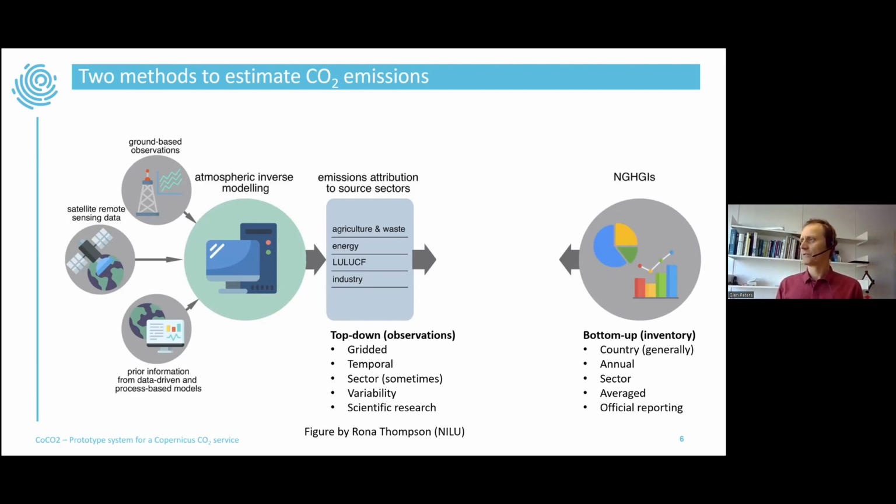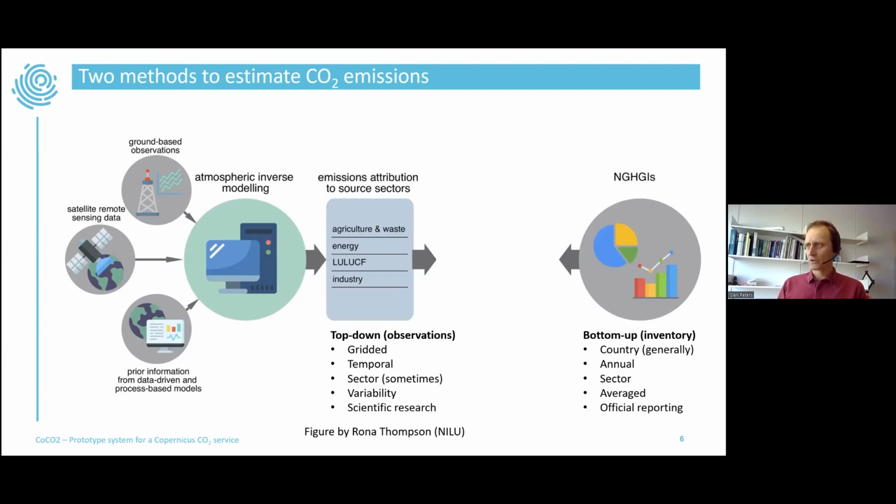Variability is averaged out over time periods. So if you think about the forest uptake, it's often using what's called a national forest inventory, which averages out the variability over time, which is a challenge when comparing to other approaches, and it's used in official reporting.